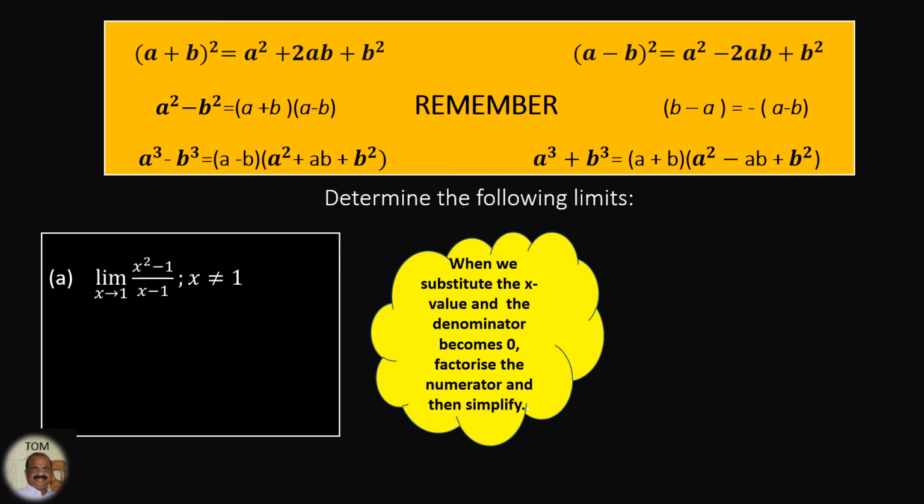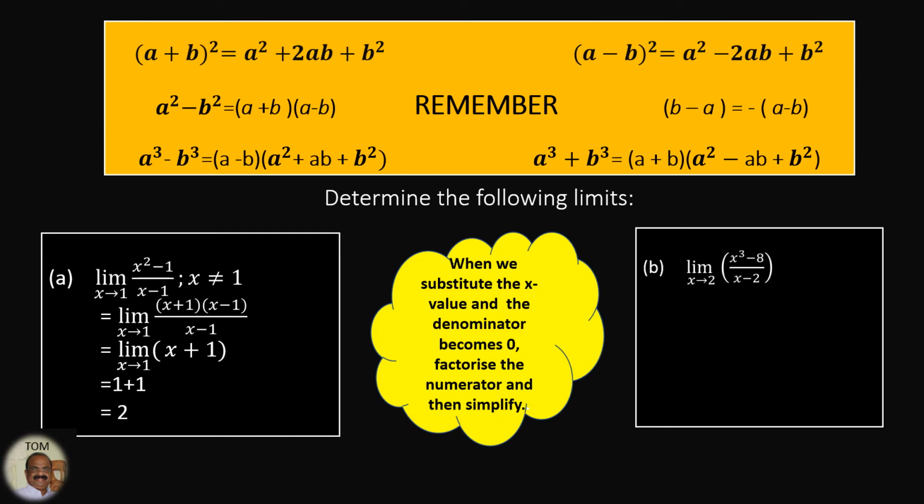So what we have to do is, when the denominator is becoming 0, you factorize the numerator. Avoid getting 0 there. So we factorize, we get (x plus 1) times (x minus 1) over (x minus 1). x minus 1 and x minus 1 can now be cancelled. We get x plus 1, and we substitute x equal to 1 there. We get the final answer 2.